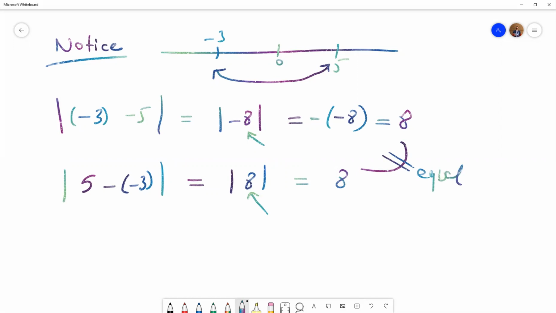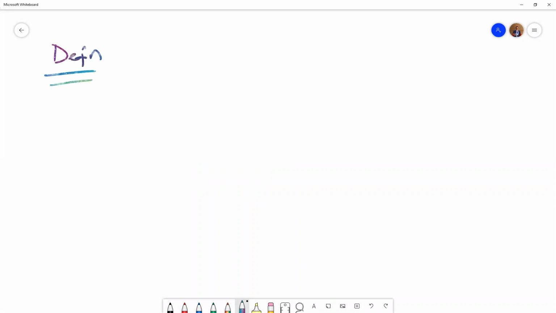So we can give a definition for this now by using this. What's the definition? Definition is like that.